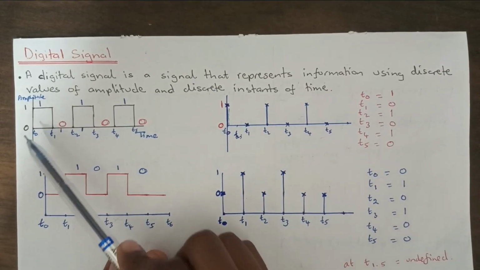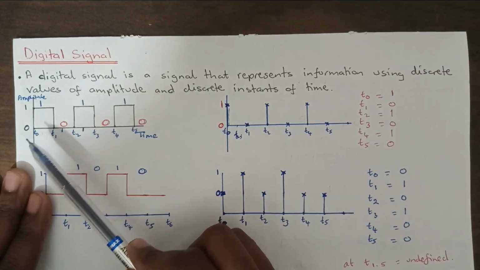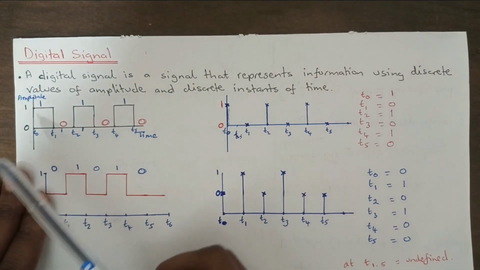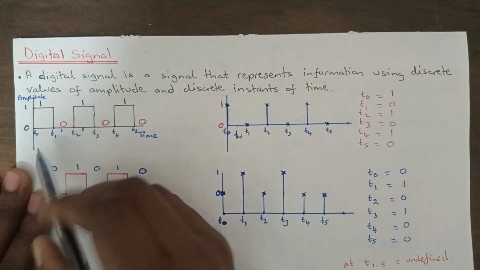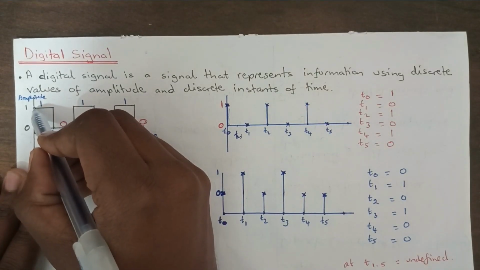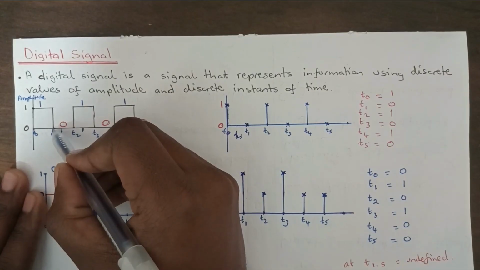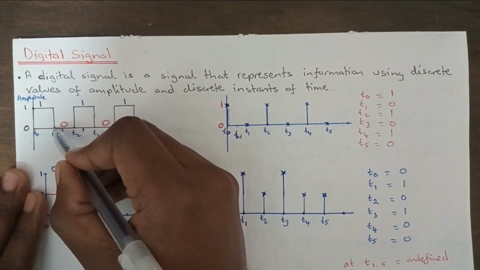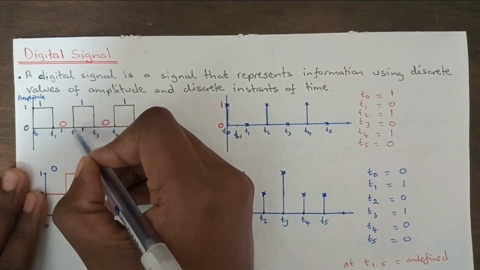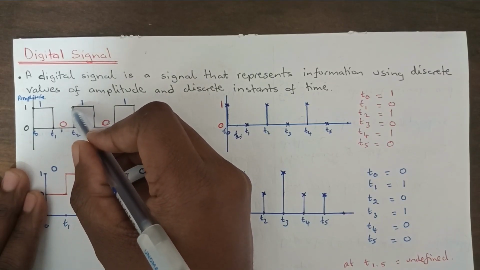For example, if we look at this graph, we have an instant time of t0. Our amplitude is what? Is 1. And at t equals 1, the value drops back to 0. And at t equals 2, the value goes again to 1.